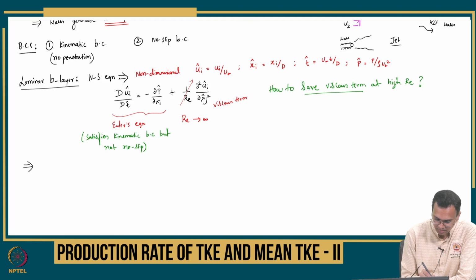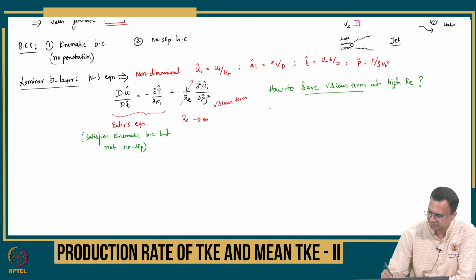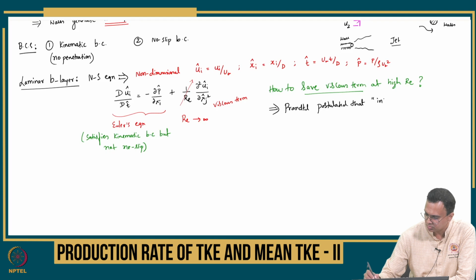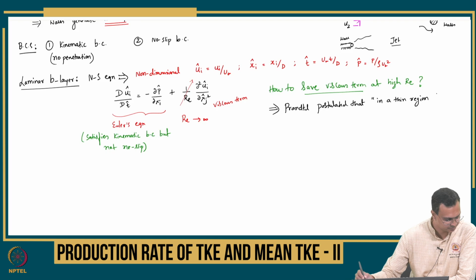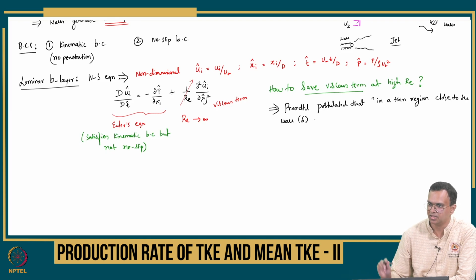So what Prandtl did is, or I can write down here, Prandtl postulated that, I am quoting in his own words, in a thin region close to the wall, because of some delta, he says there is a region close to the wall whose length is delta, boundary layer thickness.